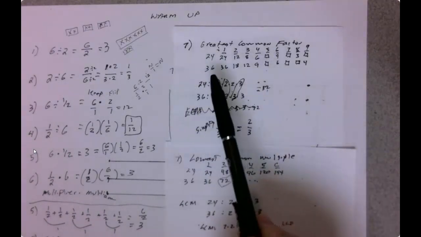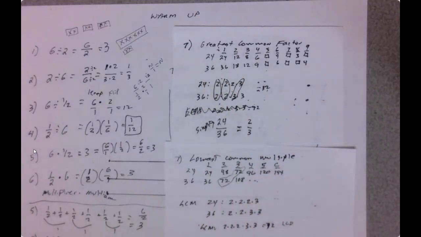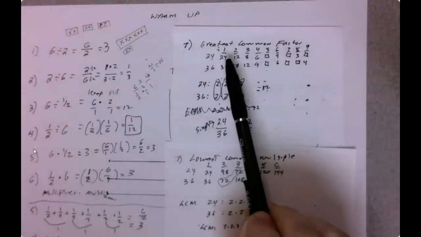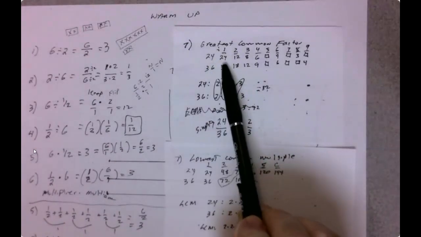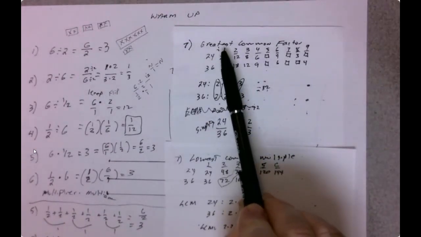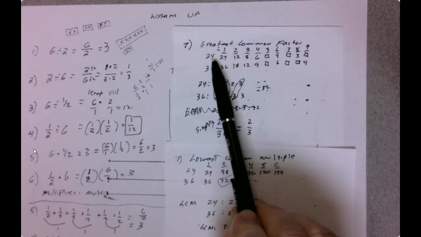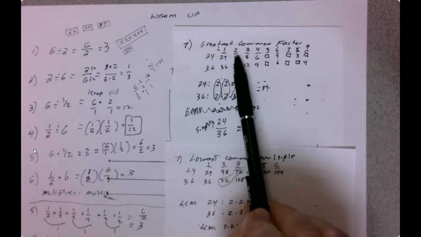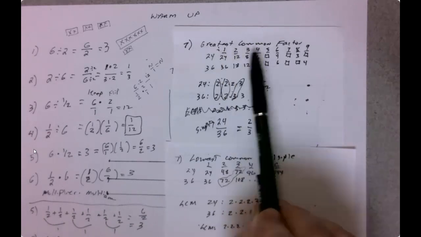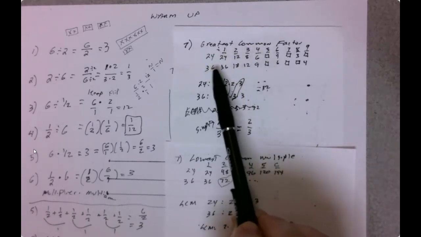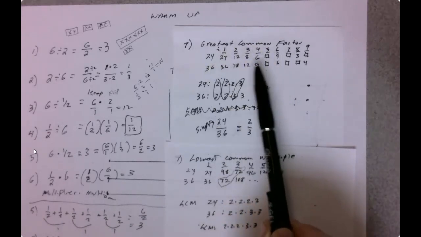So let's say the fraction is 24 over 36. And I don't want to add these. I'm just trying to simplify this fraction. Well, for my greatest common factors, you say, well, 24 divided by 1 is 24, 24 divided by 2, I'm dividing now, 24 divided by 3, and so forth. So I'm dividing up here. 36 divided by 1, and so on. Now, what do I do?